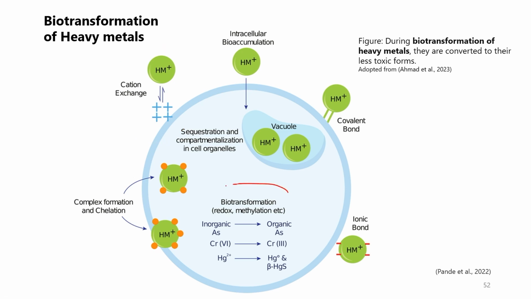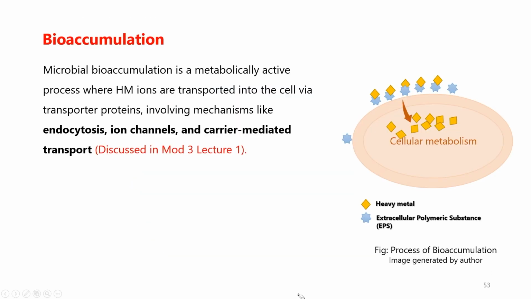Then many reactions are shown over here where inorganic arsenic is converted to organic arsenic, chromium 6 is converted to chromium 3, mercury ion is converted to elemental mercury, and these are considered as the less toxic forms.